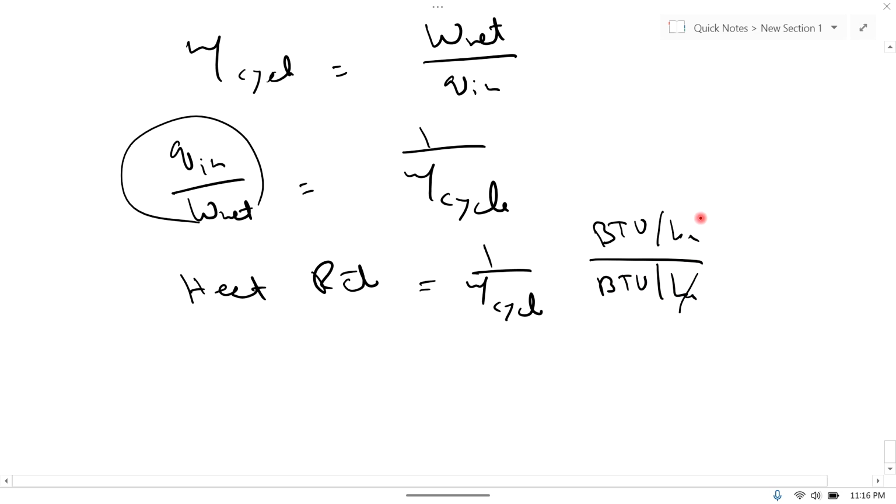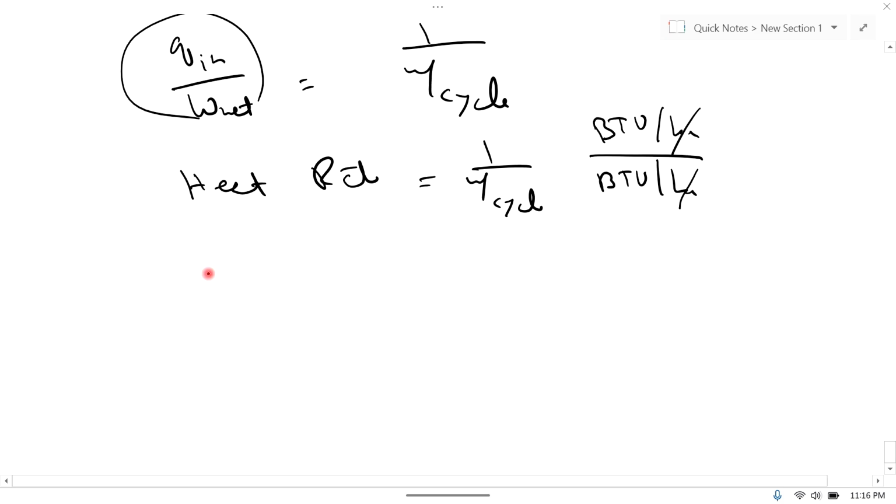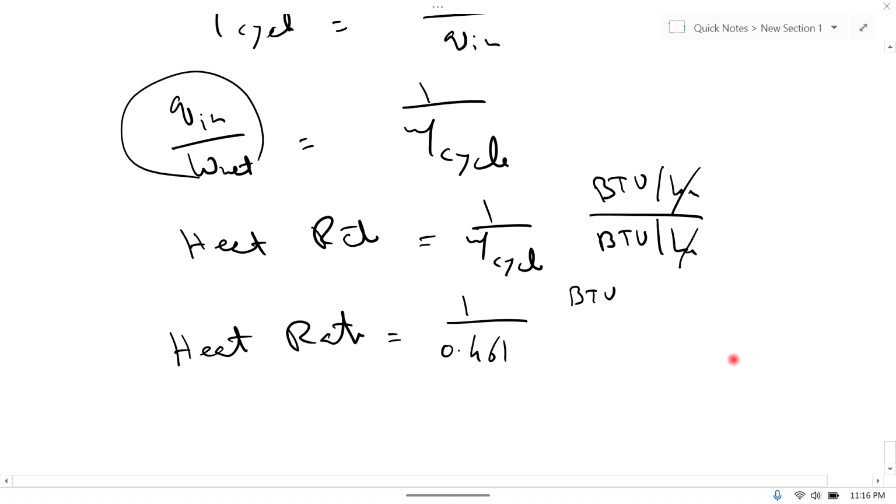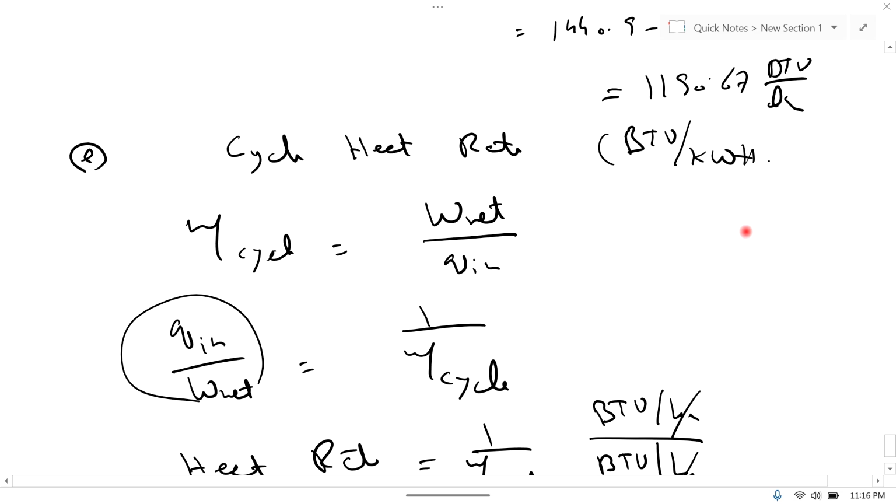So hour will be cancelled with hour, and heat rate is equal to 1 over cycle efficiency. Cycle efficiency is 46.1%, so 46.1% is equal to 0.461, and this is BTU, and we need this in BTU per kilowatt hour.